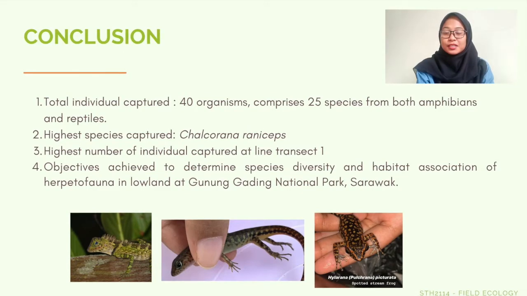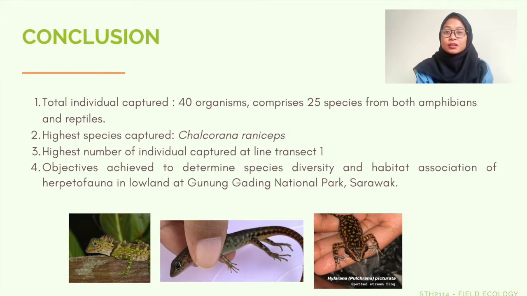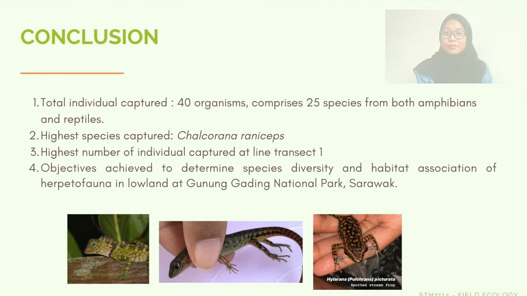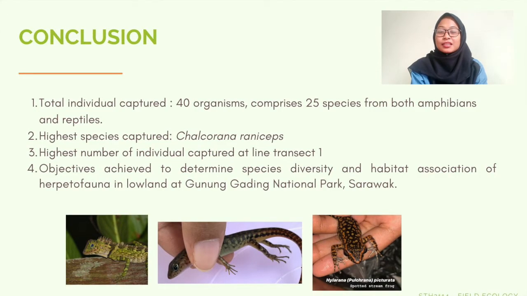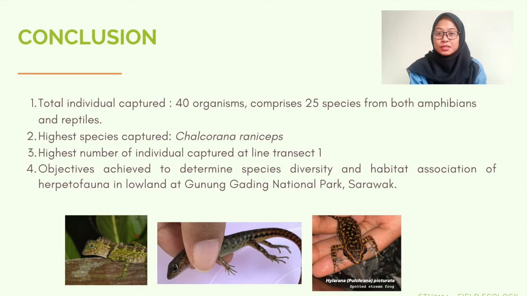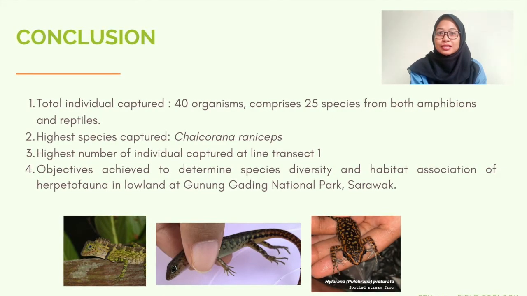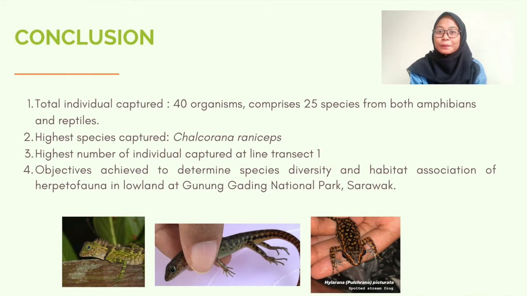The highest species captured was Calcorana reniceps, and the highest number of individuals was captured at line transect 1, which is located near the campsite river. The species accumulation curve also increased, starting from 11 species captured, then increasing to 21 species, and lastly, we succeeded in capturing 25 species using passive and active methods.